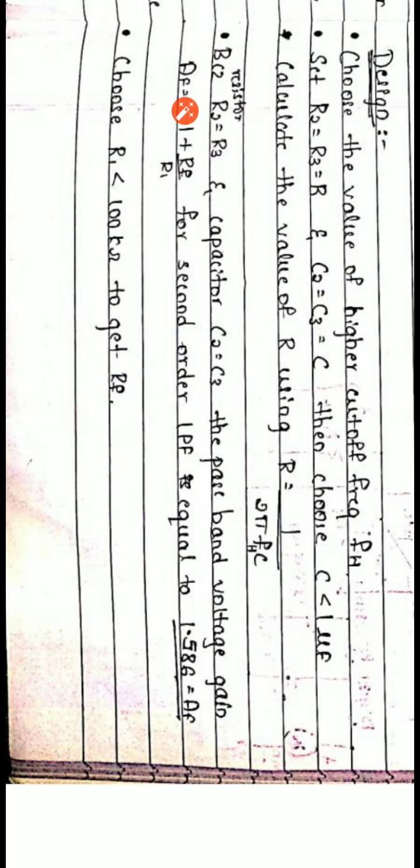Another important factor is that, because R2 equals R3 and C2 equals C3, the pass band voltage gain AF, equal to 1 plus RF by R1, for a second order filter should be equal to 1.586. This is important. This is the standard value chosen for AF of a second order filter.